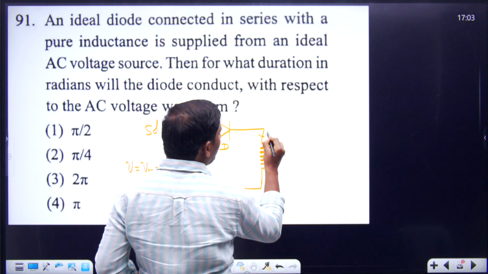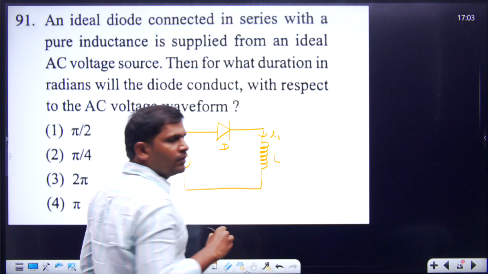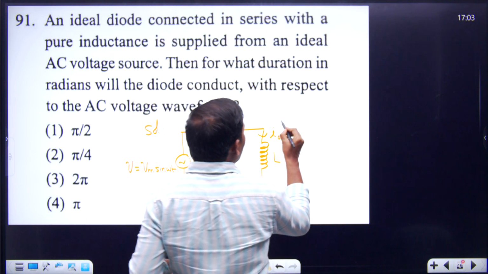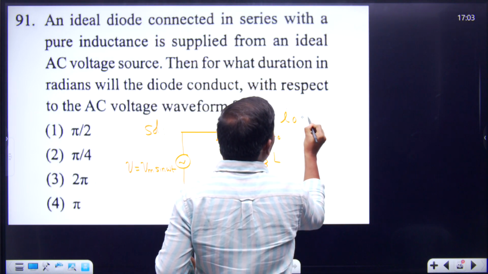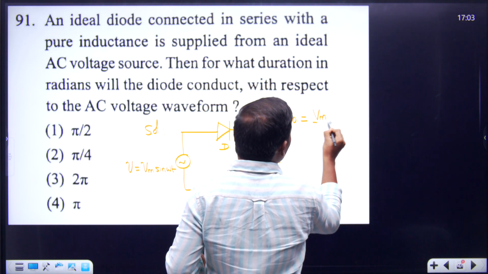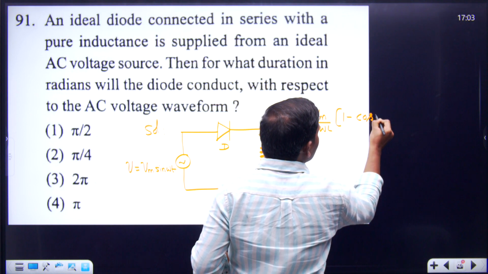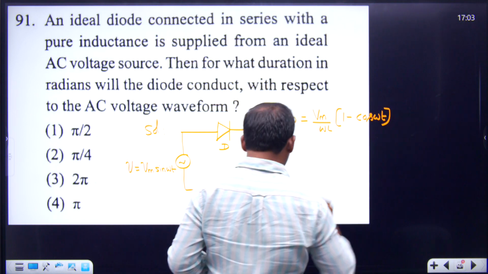This is the inductor, and this is i naught. I am not giving the derivation, not required. We know that for a purely inductive load, i naught equal to Vm by omega L into 1 minus cos omega t, students. This is the instantaneous current expression.